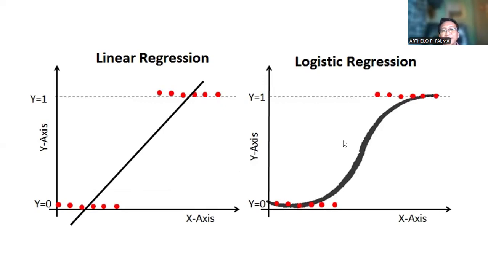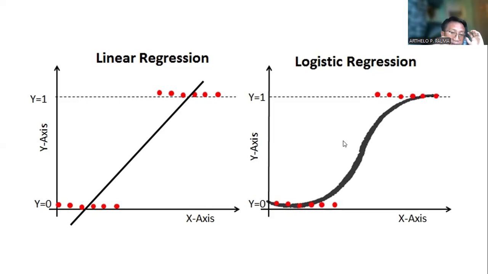So you cannot use linear regression when your data, especially for your binary dependent variable, only has two values, 0 and 1, for example. So it's hard for you to use linear regression, and the data does not qualify. Okay, the data doesn't qualify for linear regression, but for logistic regression, it qualifies.